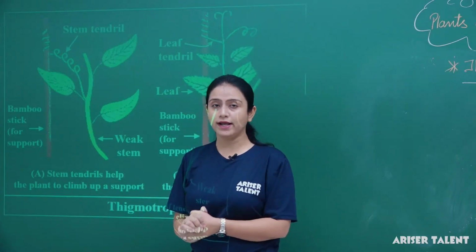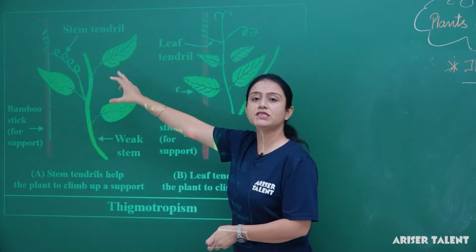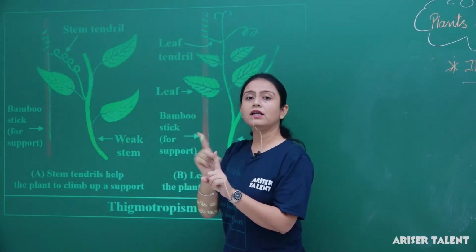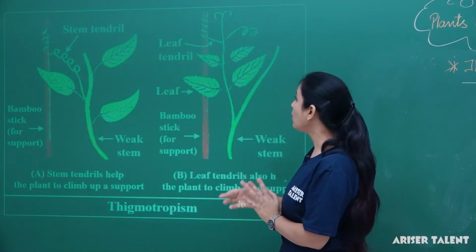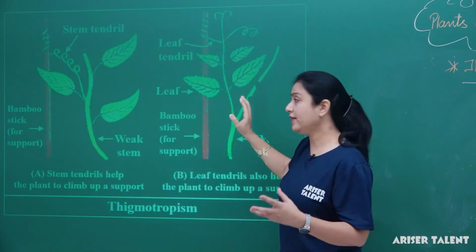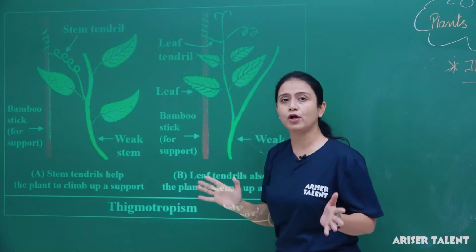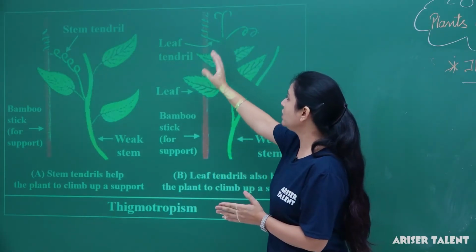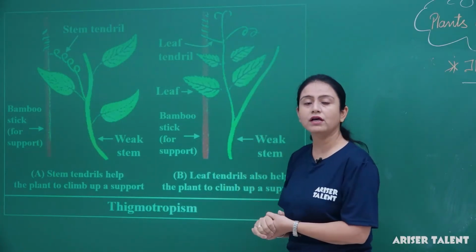Now actually what happens in this condition: when this plant part, the tendril, curls around the stem or around any support, the other parts will grow finely but the tendrils will not grow properly. The growth in the tendril will be slow comparatively to the other parts of the pea plant.